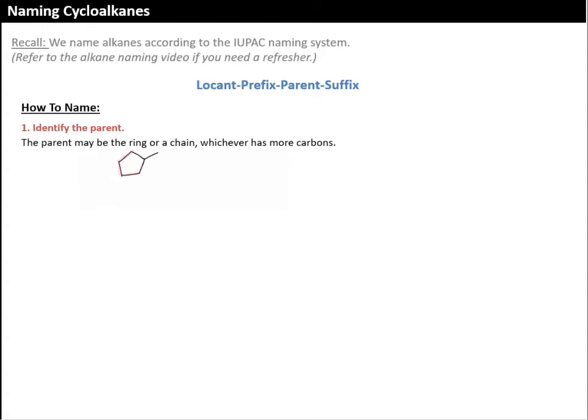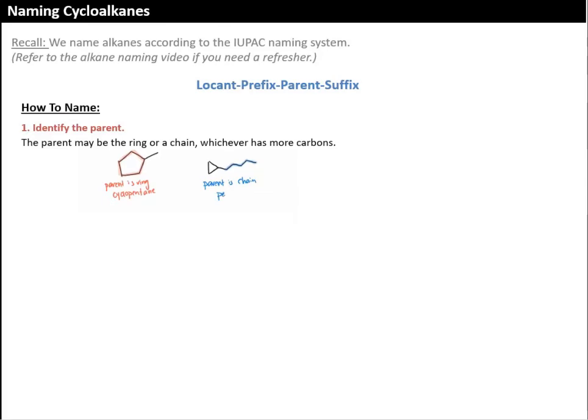Here we have a 5-carbon ring with a 1-carbon chain. So the ring will be the parent, a cyclopentane. In this example, we have a 3-carbon ring with a 5-carbon chain. So now the chain will be the parent, a pentane.